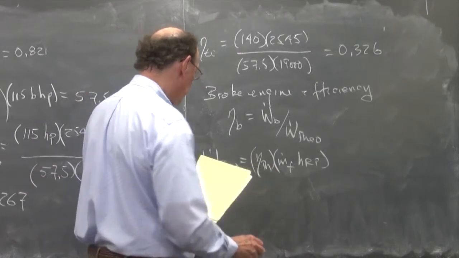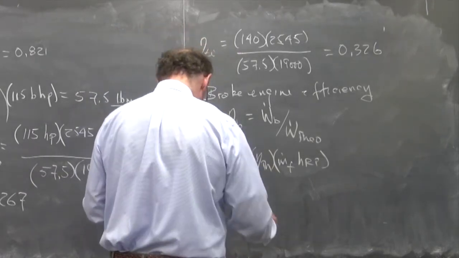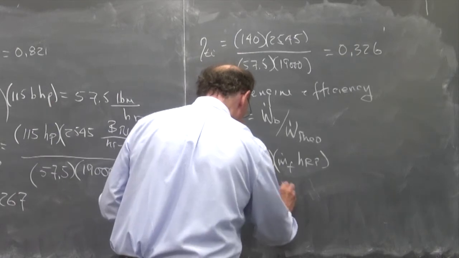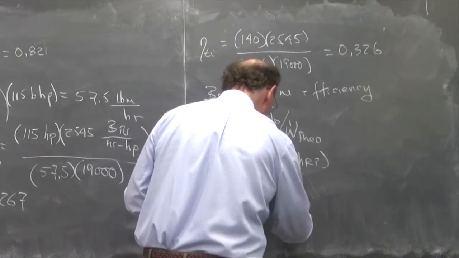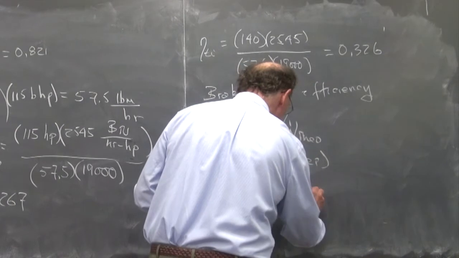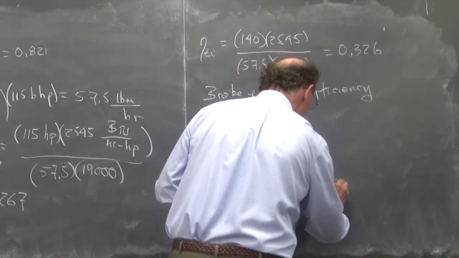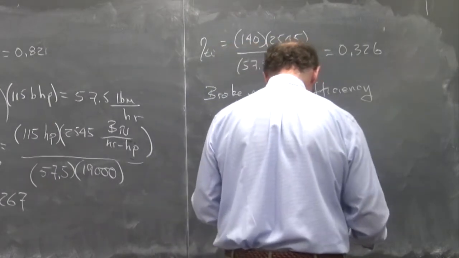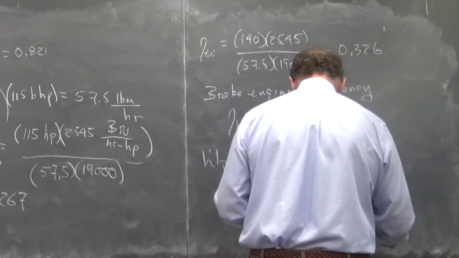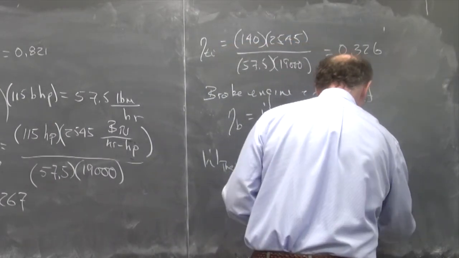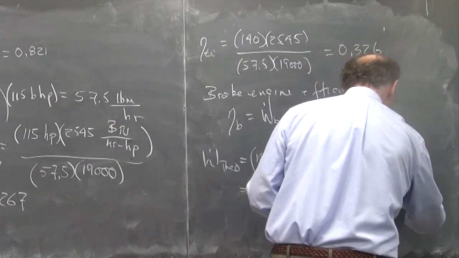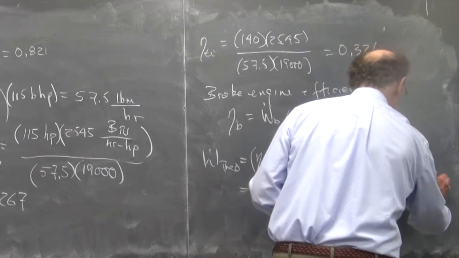So this is 0.47 times 57.5 times 19,000, and that's going to be equal to 513,475 BTUs per hour.